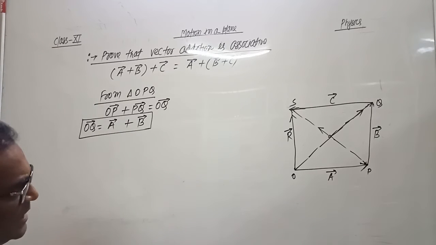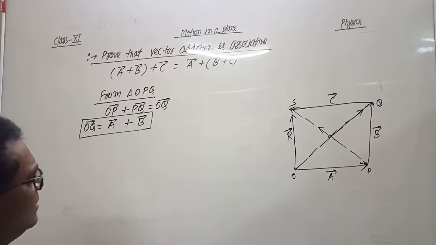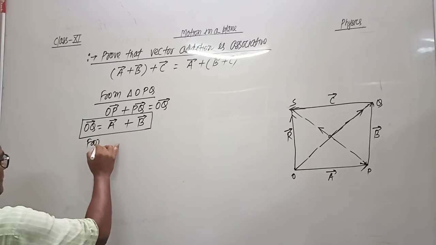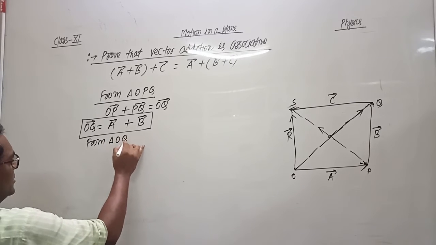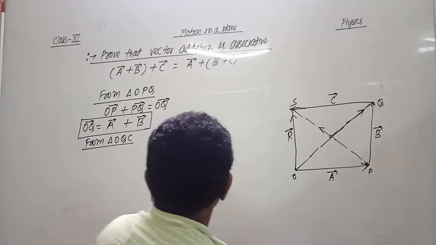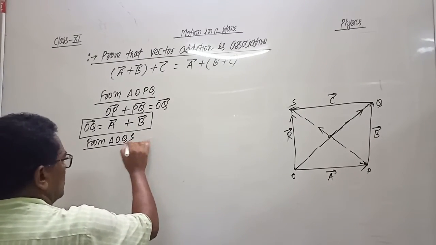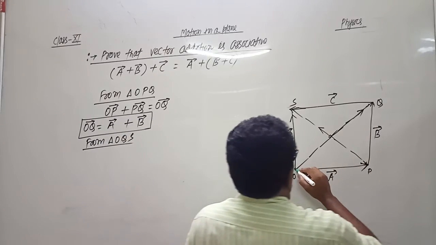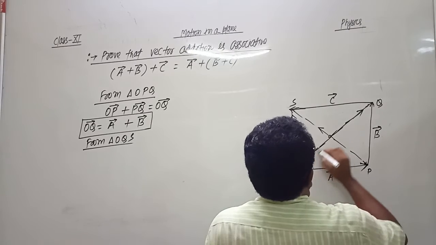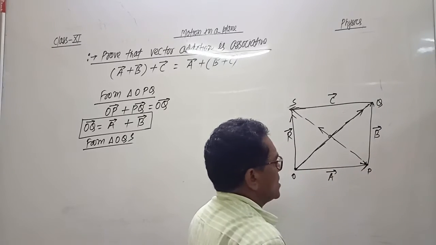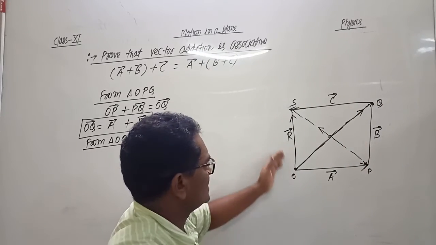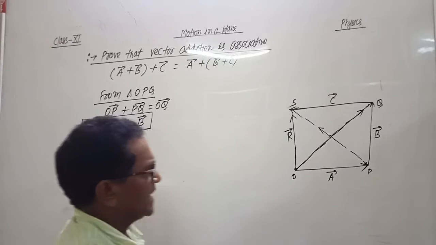Now from triangle OQS, again we use the triangle law. The order of vector OQ and vector QS is the same, and the resultant vector is in the opposite direction.